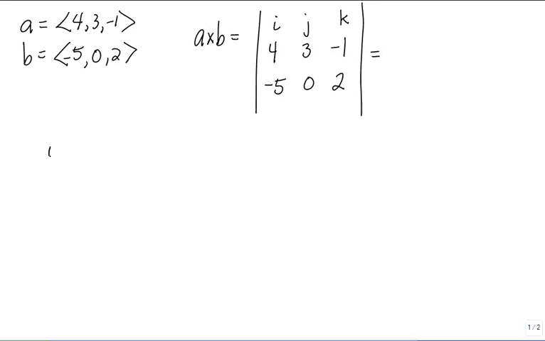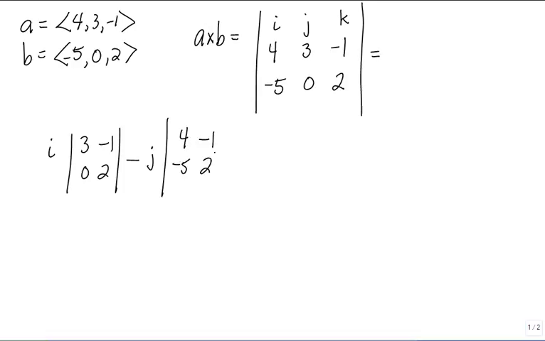Okay, starting with crossing i out, we're left with 3, negative 1, 0, 2. It's always minus j. Crossing the j column out, we're left with those. And then crossing the k column out, we're left with that.